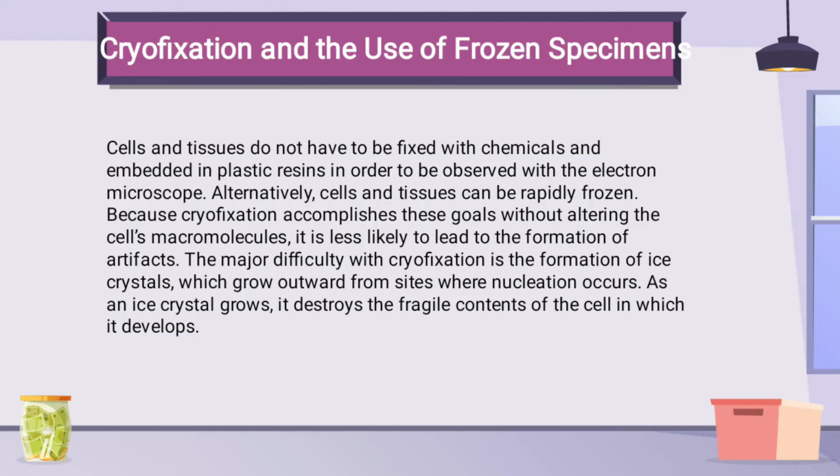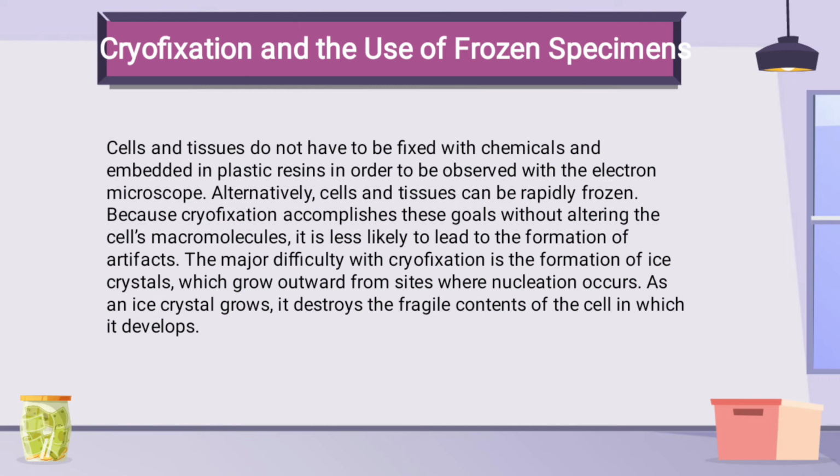Now, there are various methods used to examine or to study the specimens using transmission electron microscopes. So we have here cryofixation and the use of frozen specimens. Cells and tissues do not have to be fixed with chemicals and embedded in plastic resins in order to be observed with the electron microscope.